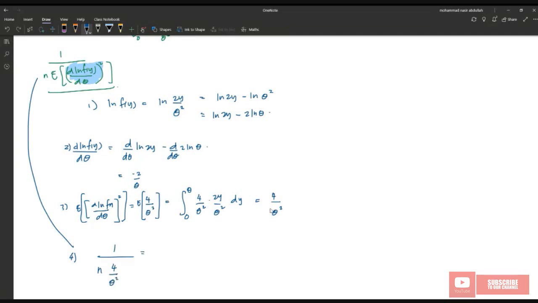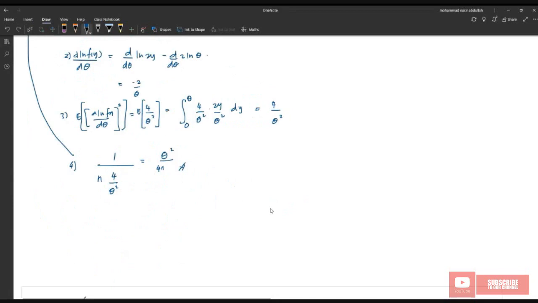So this one should be equal to, sorry, this is 4. So this is going to be theta squared over 4n. Yeah, we bring it up. This is 4n, so theta squared over 4n.